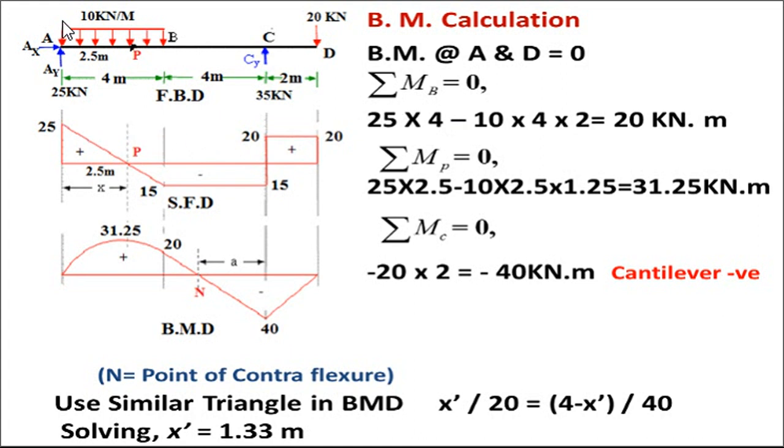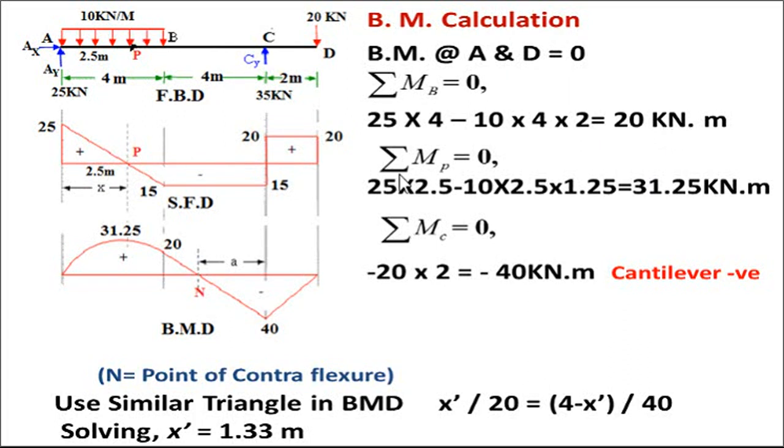First of all, 25 makes a clockwise moment into 4, that is the perpendicular distance from A to B, minus the total UDL, 10 into 4, multiplied by 2 since it is acting at the center, and the value is 20 kilonewton meter.